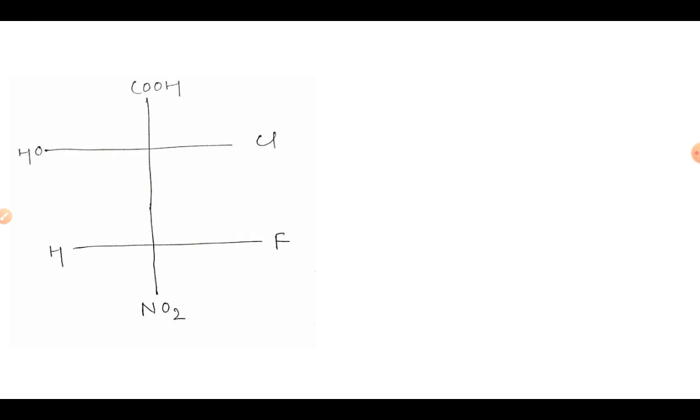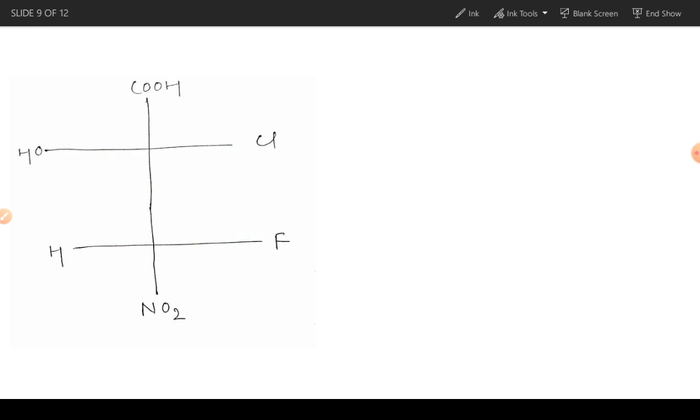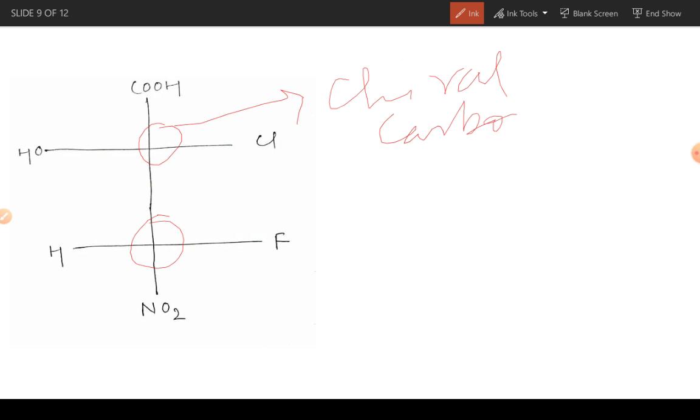See, I have taken another example over here. There are two chiral carbons. This is one chiral carbon and this is one chiral carbon. You have to tell me what is the configuration of this chiral carbon and the configuration of this chiral carbon.